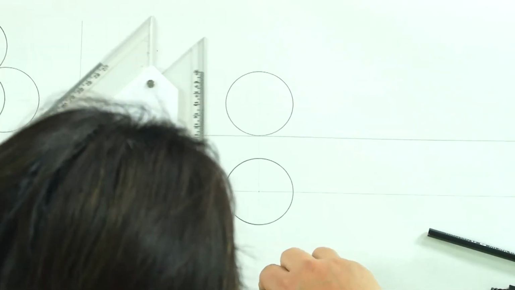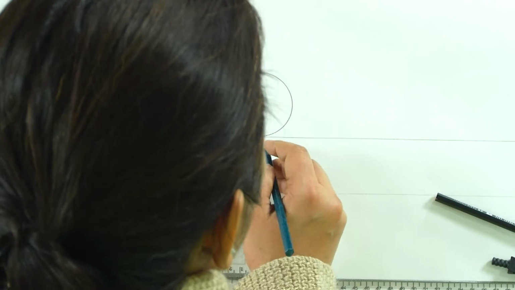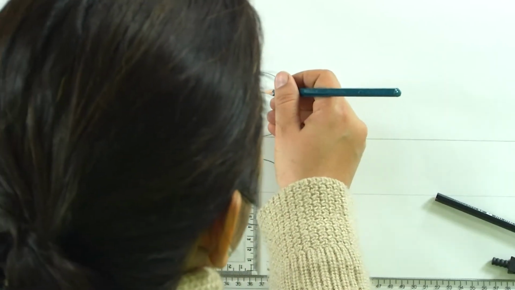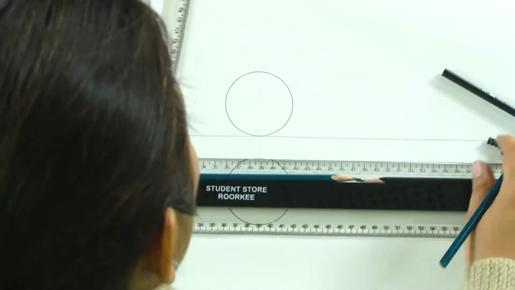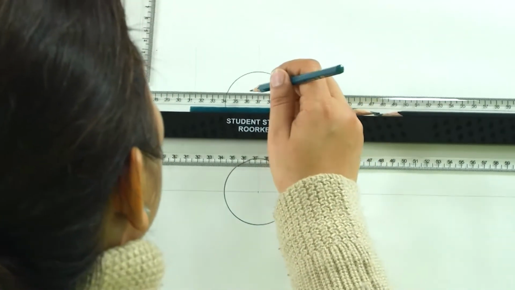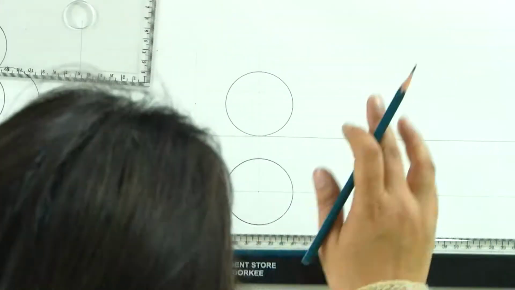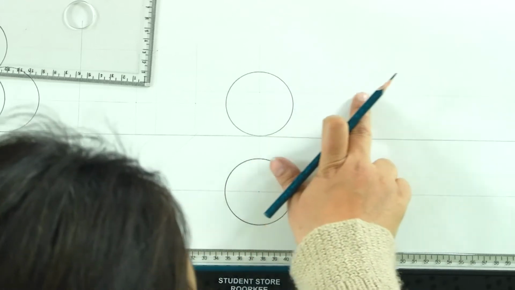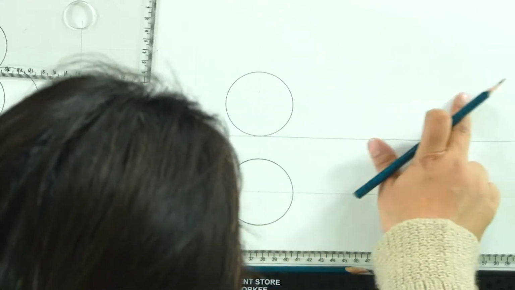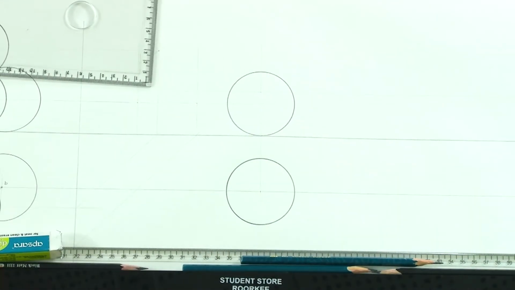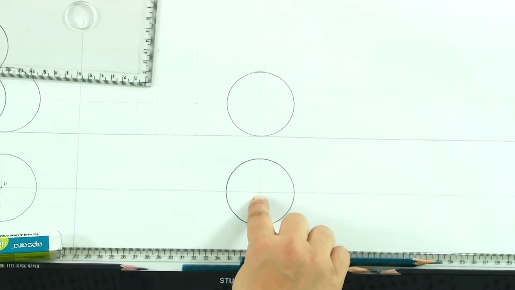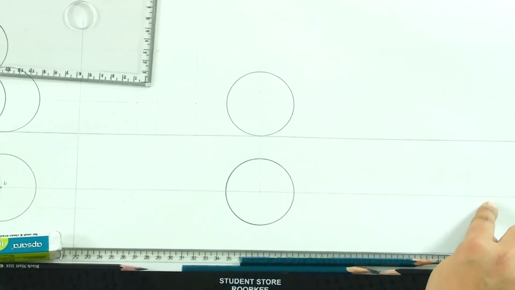So, what we will have? We will have the center of the bigger sphere passing through a line which is at 3 centimeters above the ground. So, we know that the center of the bigger sphere is definitely lying somewhere here. Now, what is the distance between the centers of the smaller sphere and the bigger sphere?